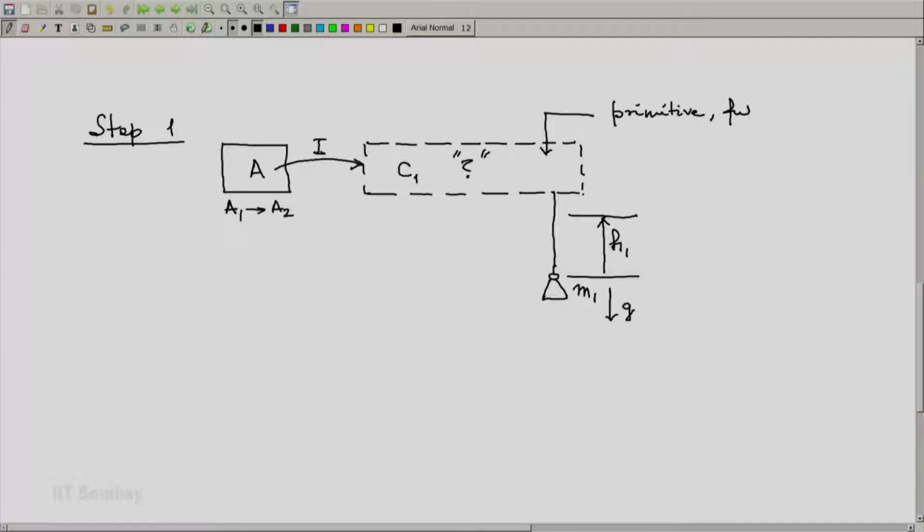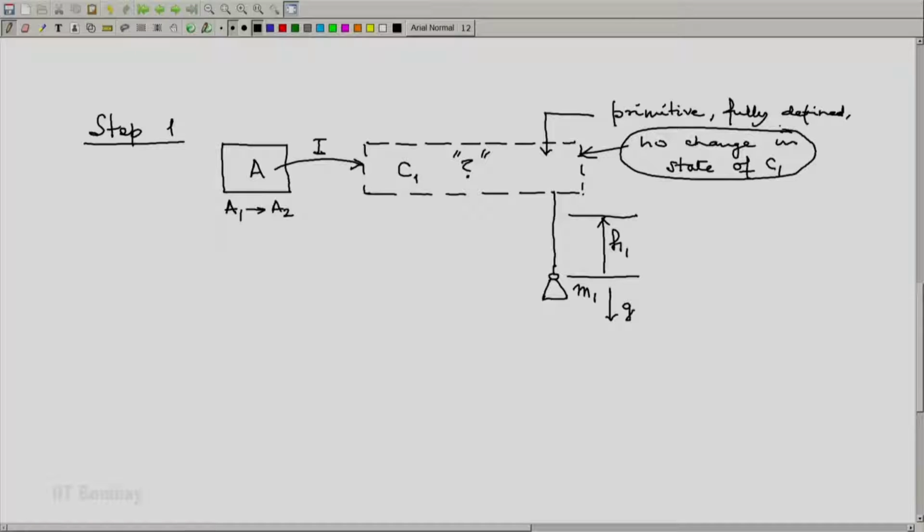It must be fully defined, no black boxes will work, and there should be no change in the state of C1.